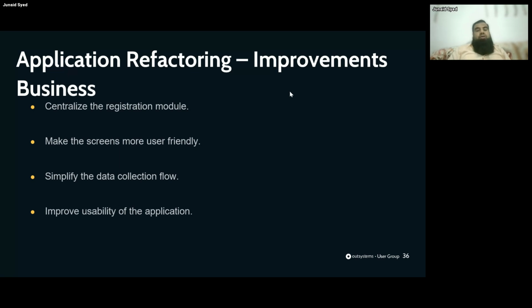One goal of the refactoring work was to address this technical debt, or kind of a business debt here. We want to make registration a centralized process, one common process for all different business flows. That was one improvement area.